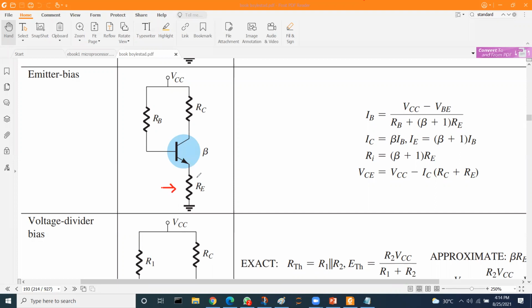And due to this resistance, the formulas will become changed, particularly this formula where the RE appears, and similarly the formula for VCE. Because these formulas will be given to you, you just need to identify which configuration this is so that you can use the formulas.